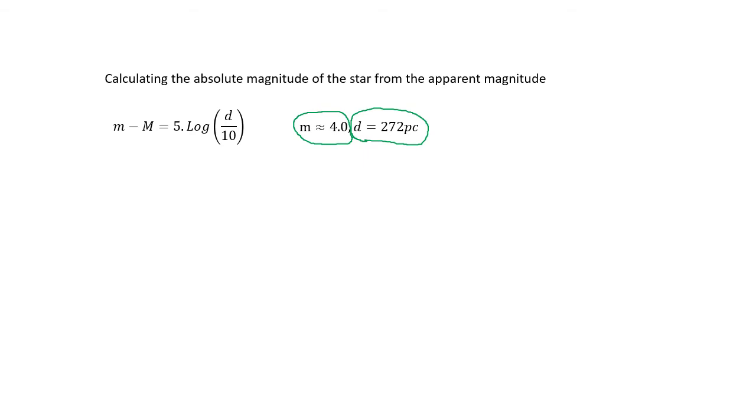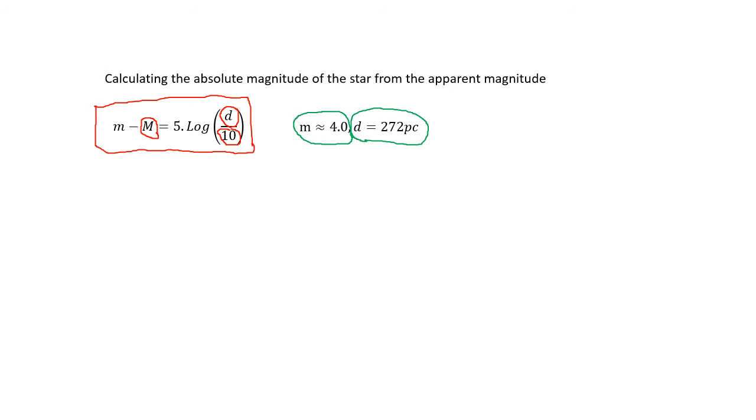So what we can do is we can now use this formula to correct for the distance between the Earth and Delta Cepheid and allow us to find the absolute magnitude, capital M. Now this formula works in parsecs, and you can see here that the value d that we're going to be putting into our formula, 272 parsecs, is measured in parsecs, and so is the value underneath it. This is 10 parsecs, and this is the reference distance for all absolute magnitudes.